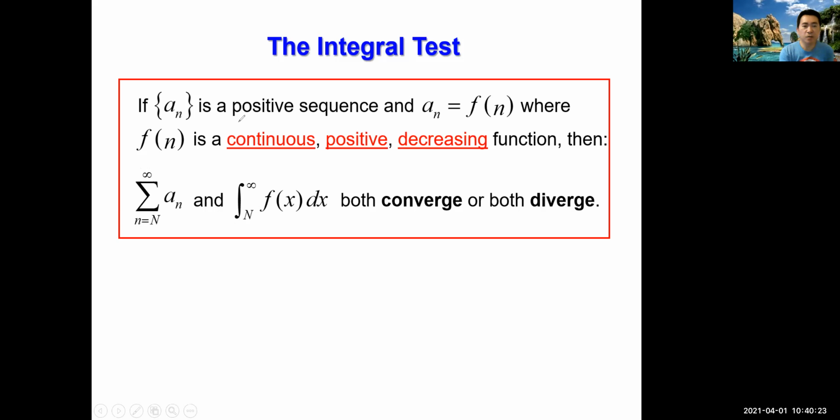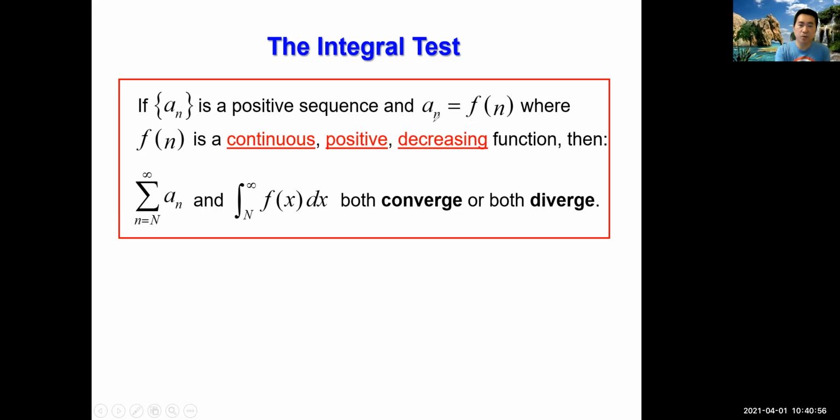All right. So what does this mean? Basically, instead of looking at the series, you're looking at the function. The function here has f of n equal to a sub n, meaning the term of the series and the function are actually the same, so the formula will be the same.